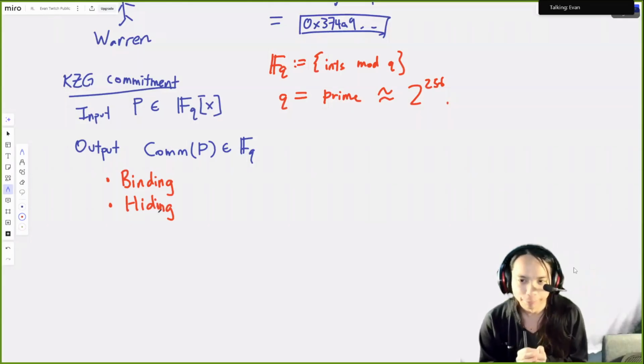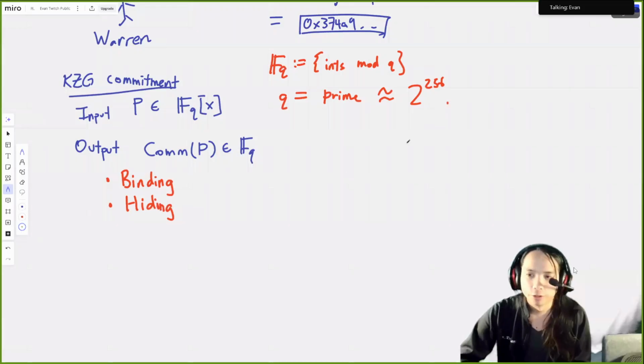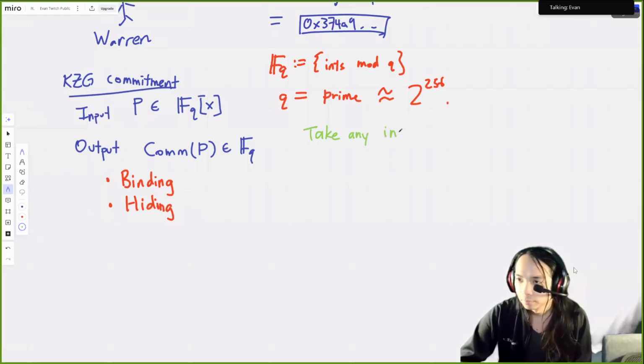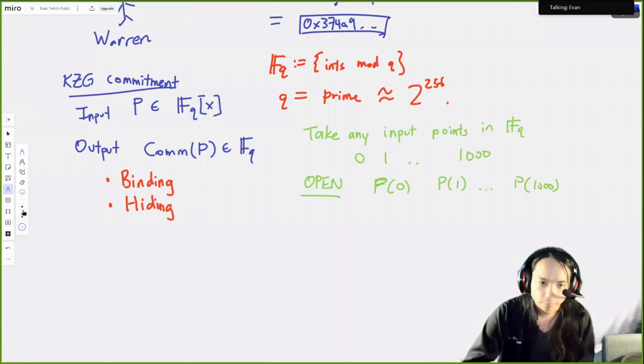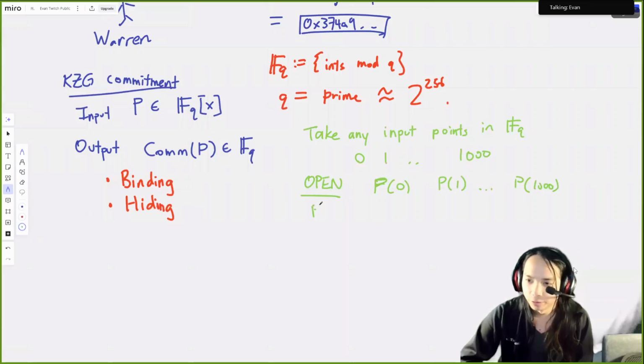But the thing that makes a KZG commitment special is that it also has the following power: I can take any set of input points in F_Q, for example 0, 1, up to 1,000, and I can open the commitment at only those points, meaning that I will tell you the values of P(0), P(1), up to P(1,000), and I'll be able to prove to you that these were the correct values.